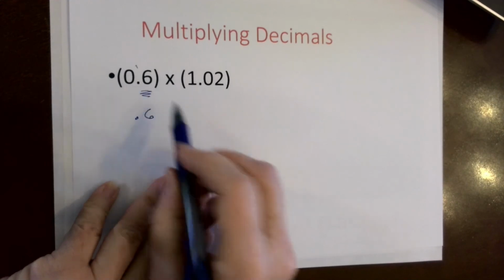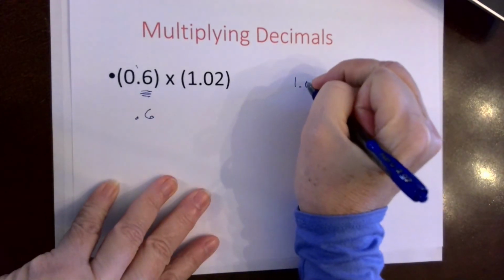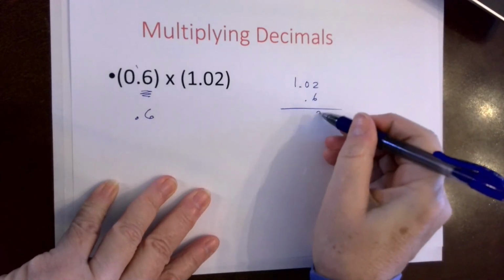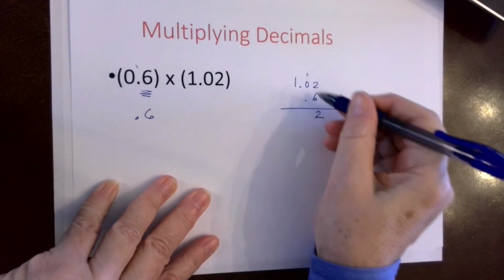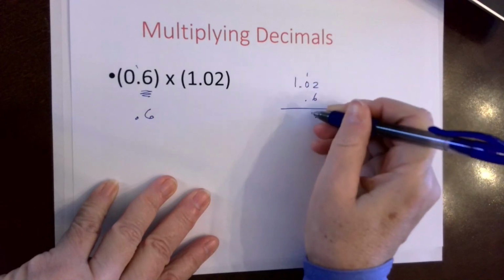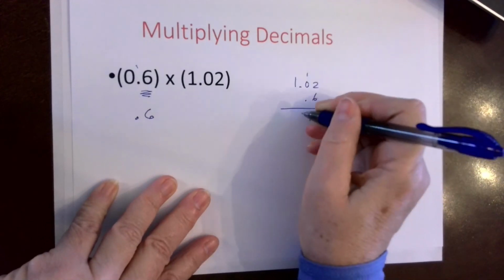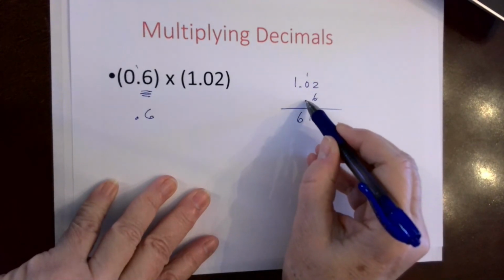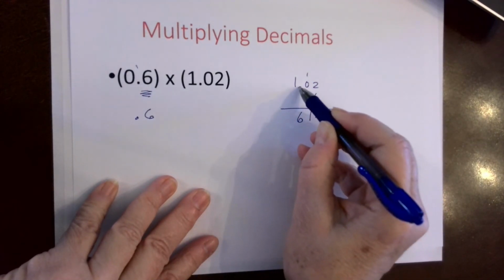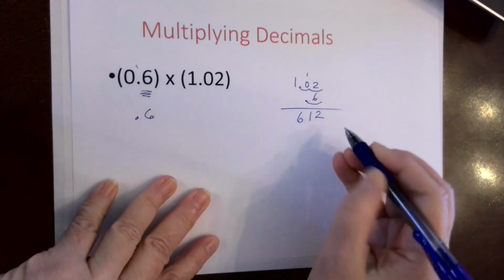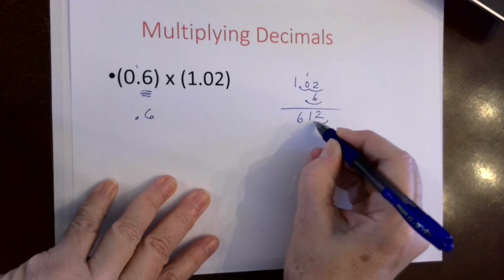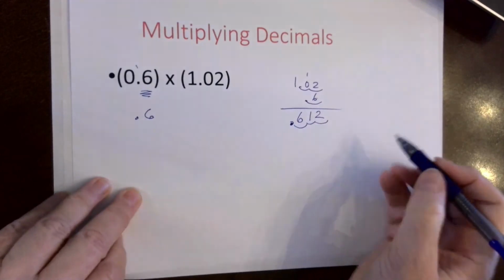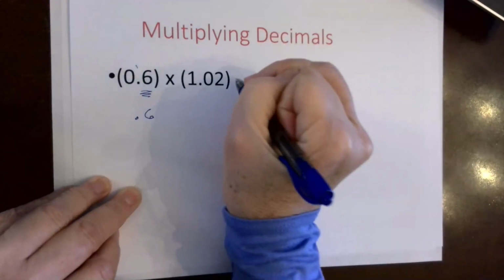So if it only has one significant digit, I can multiply 6 times 2, carry the 1. 0 times 6 is 0, carry the 1. 6 times 1. And where do I put the decimal? There's a total of 1, 2, 3 decimal places, so I move it 1, 2, 3 decimal places, and that's the answer, 0.612.